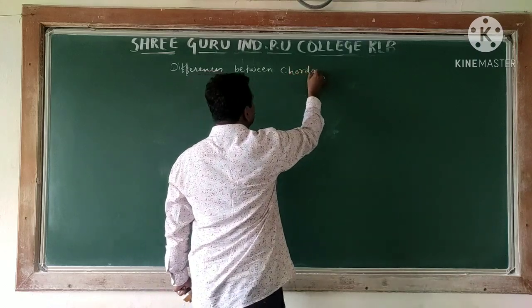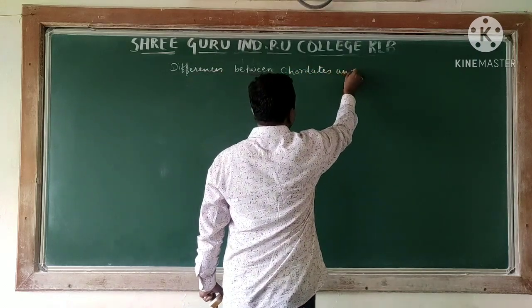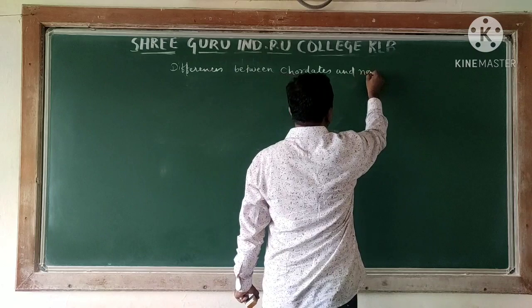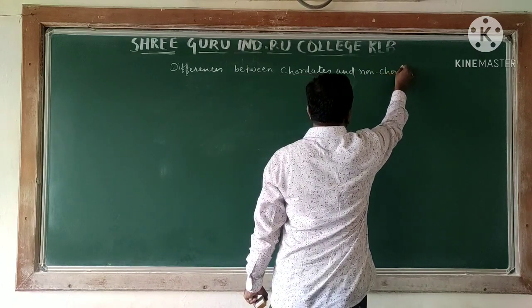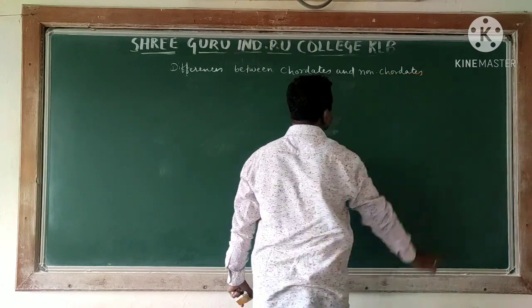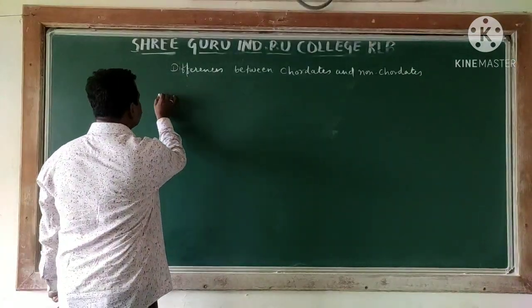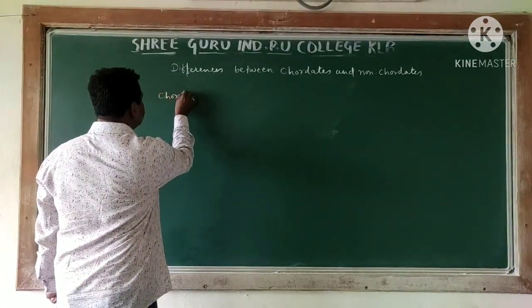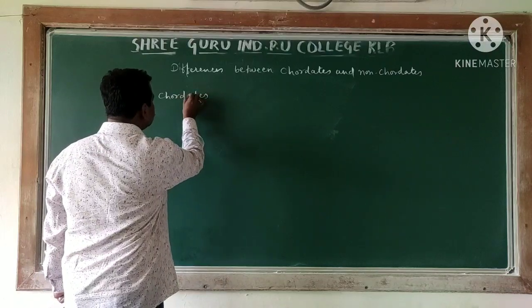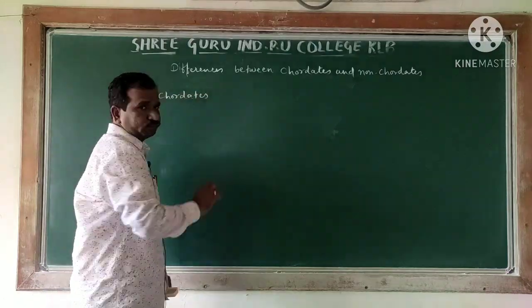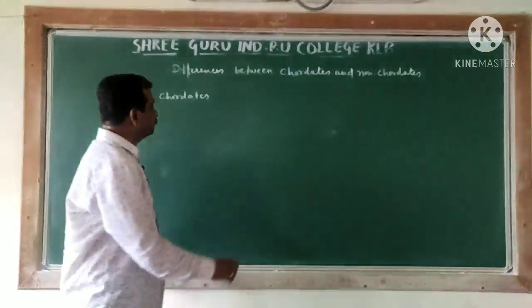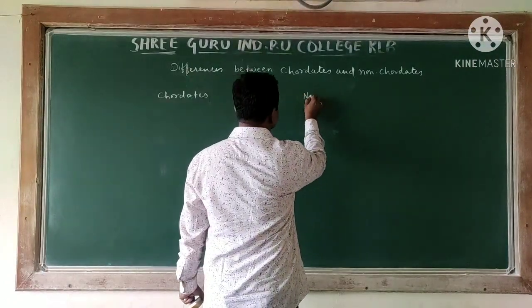Now here I am writing the chordates. Very simple, you can see that this is also normally asked as a 5 mark question. Difference between chordates and non-chordates.